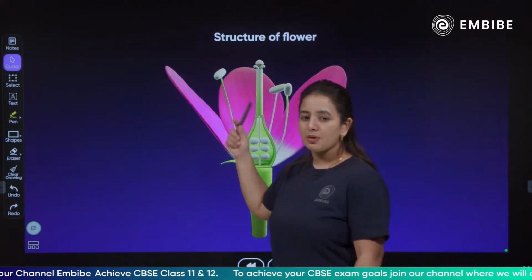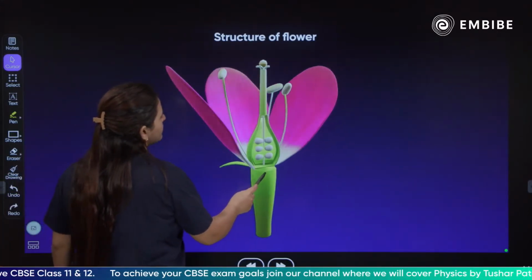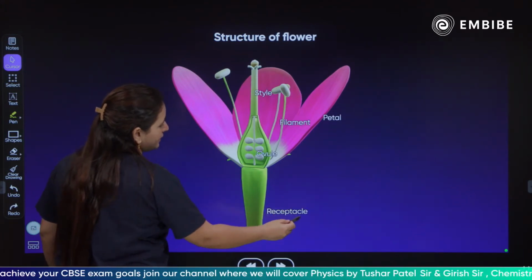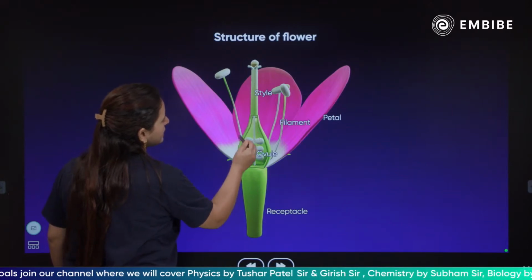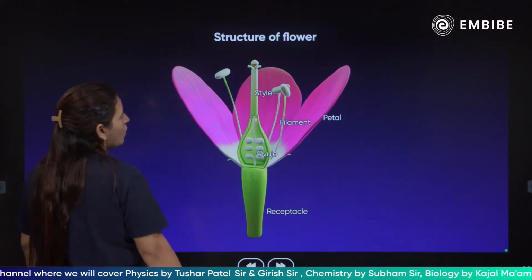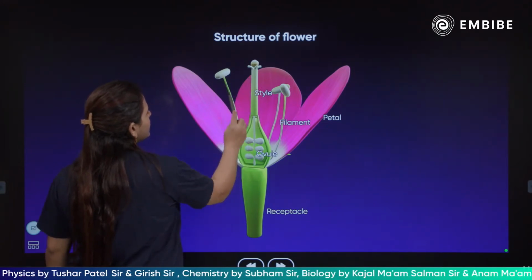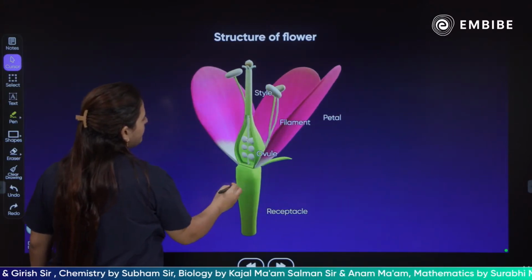As you can see, putting them all together, children, this is how they look. This is your receptor, also called receptacle. These are the ovules arranged inside the ovary. This is the style, this is the stigma, these are the anther, this is the filament, these are the petals and these are the sepals.